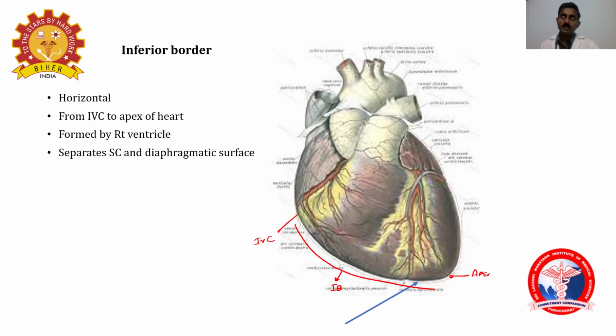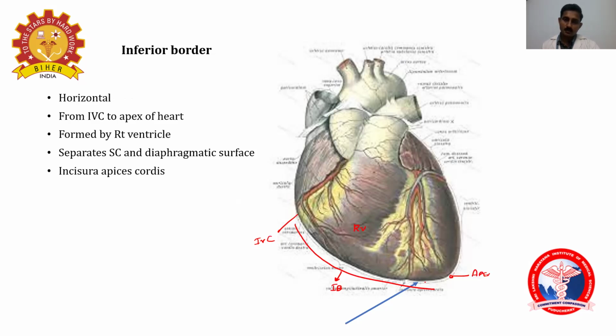It is mainly formed by the right ventricle. It separates the sternocostal surface from the inferiorly placed diaphragmatic surface, which is separated by the inferior border of the heart.